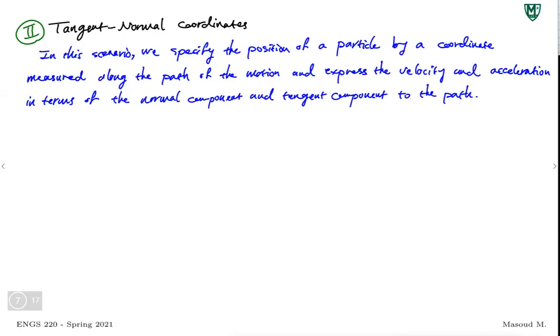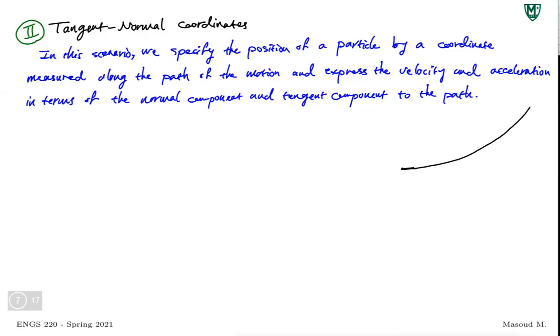So mathematically, what I'm trying to say is that, let's say we have a path like this. I have a particle, an object moving along a path. Start from here.